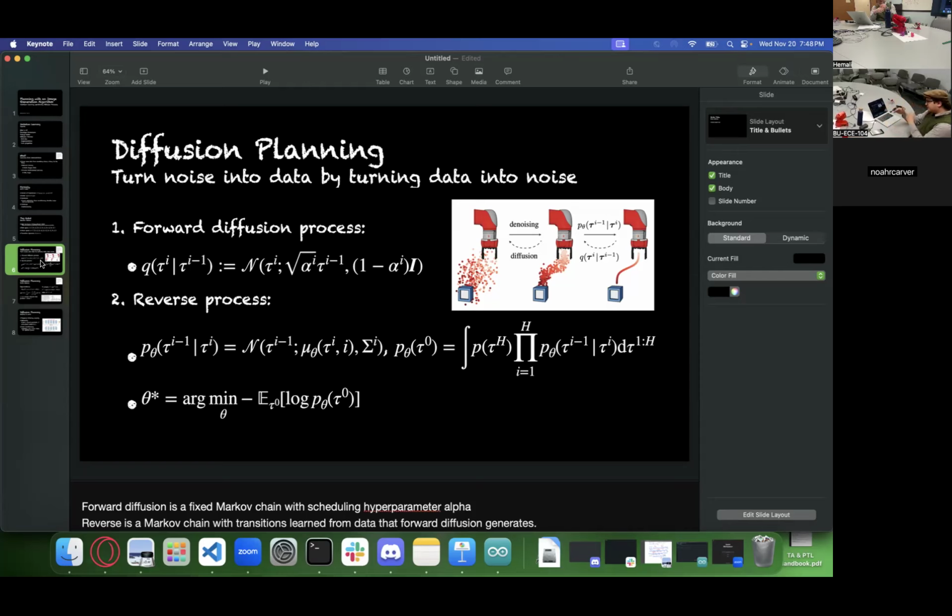But we're going to iteratively add more and more noise to it, and we're going to basically collect data on how the noise affects everything. And then we're going to sample a random point in completely random noise and basically reverse that process with all of the data we collected on how noise and the clean data that we have interact.